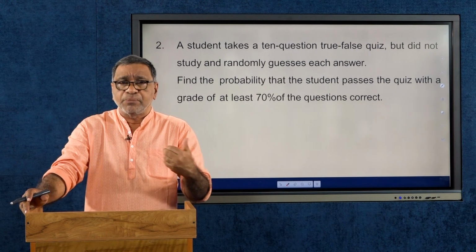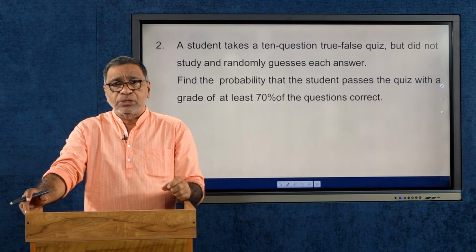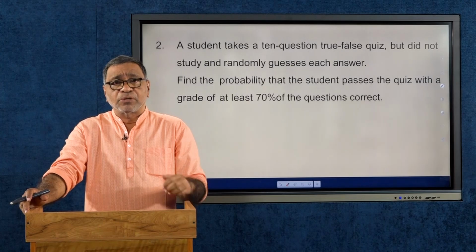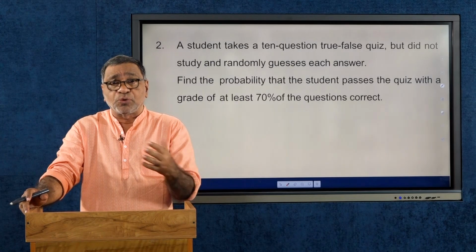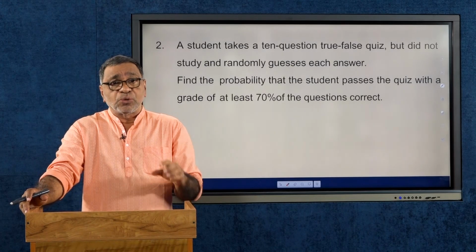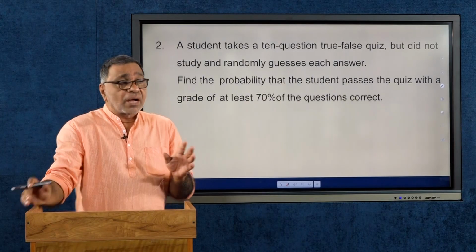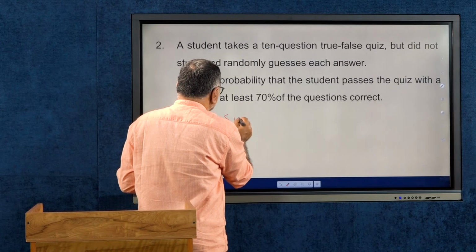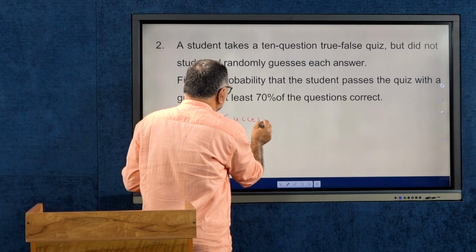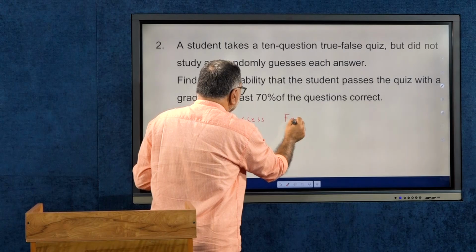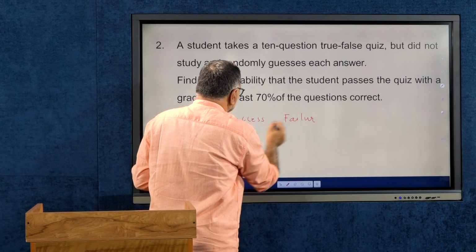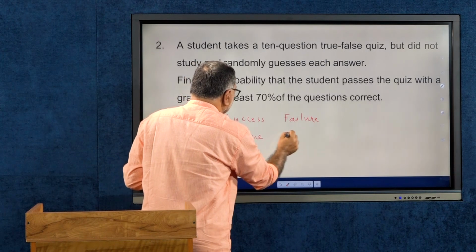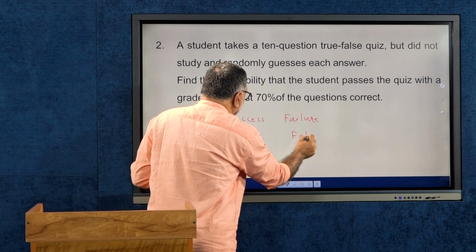Why are we applying the binomial distribution? Because you can consider this as an experiment where a student takes a 10 question true or false quiz. The outcome of each question is either success or failure, that is true or false, and they are equally likely.